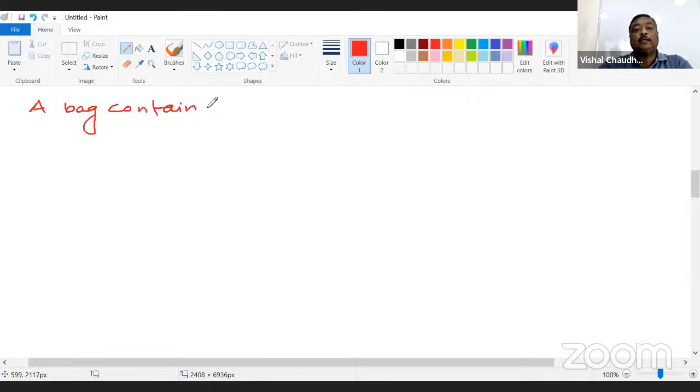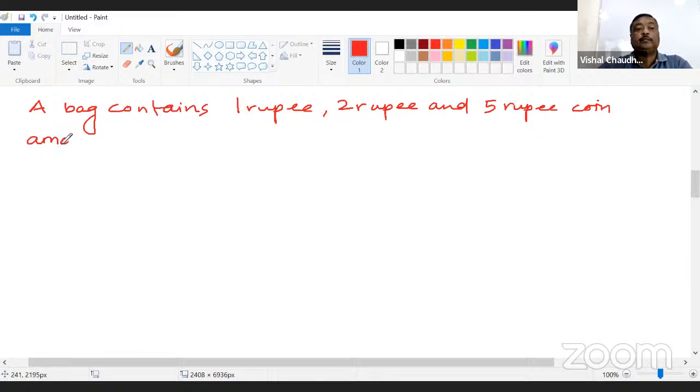A bag contains 1 rupee, 2 rupee and 5 rupee coins, amounting to rupees 264.